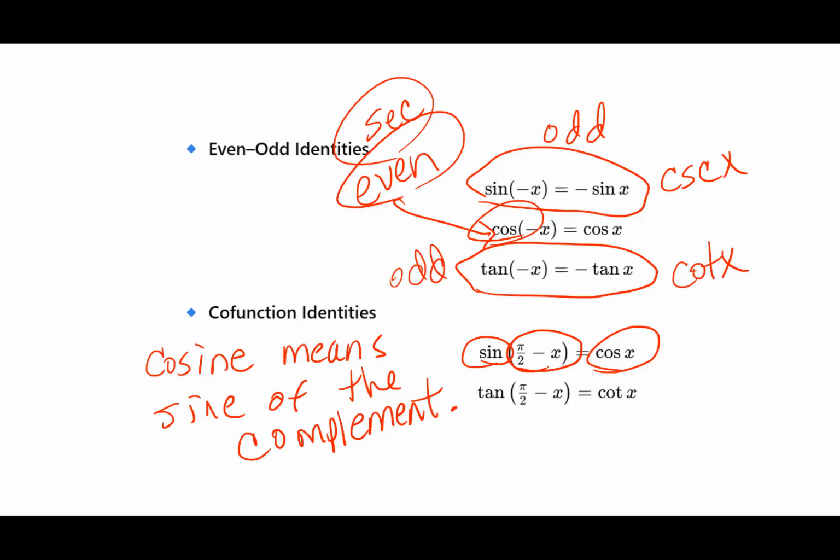So this is what a cofunction is. It means it's the function that if you take the other function of the complement, no, that's too hard to say. All right, so just be sure that you know that sine pi over 2 minus x is cosine x, and tangent pi over 2 minus x is cotangent x. So those are the cofunction identities. Make sure you know those.